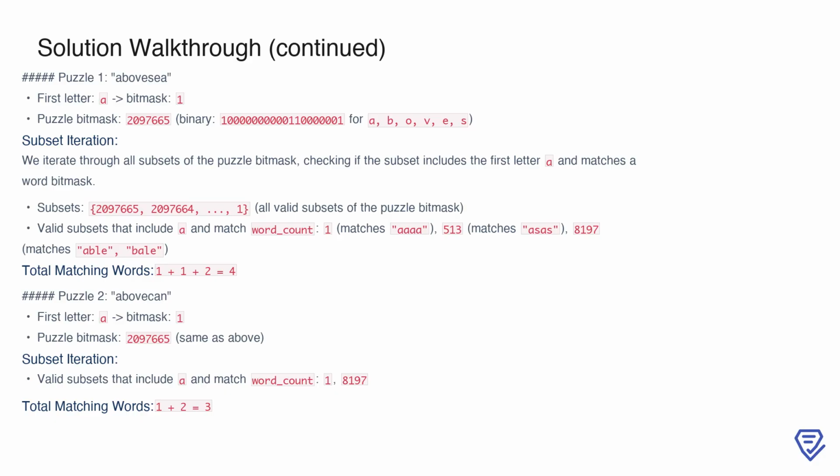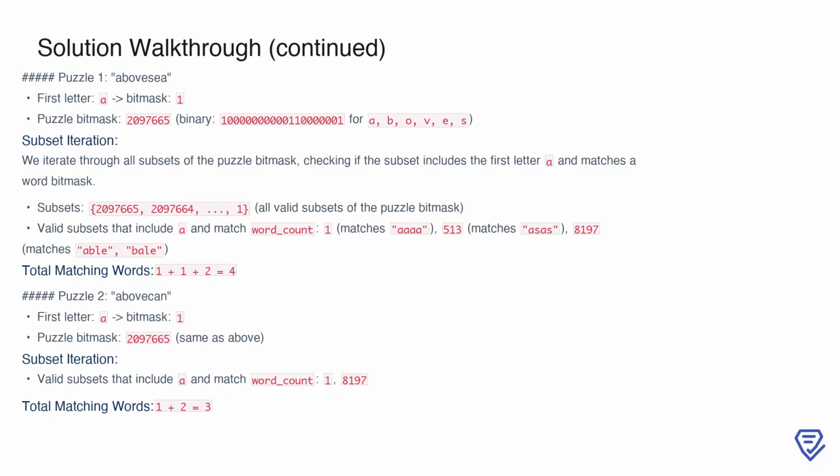Now, we process each puzzle, starting with aboveC. The first letter of the puzzle is A, which has a bitmask of 1. We also calculate the bitmask for the entire puzzle, which is 2097665 in decimal, representing the unique characters A, B, O, V, E, and C. The goal is to iterate through all subsets of this puzzle bitmask, ensuring each subset includes the first letter A. For each valid subset, we check if it matches any word bitmask in our pre-computed word_count dictionary.